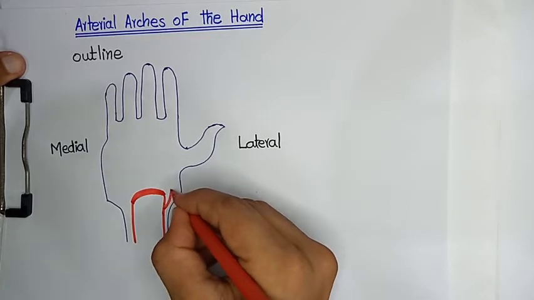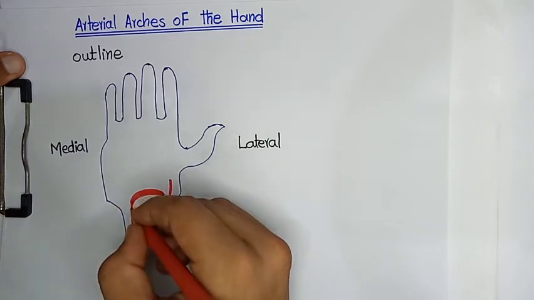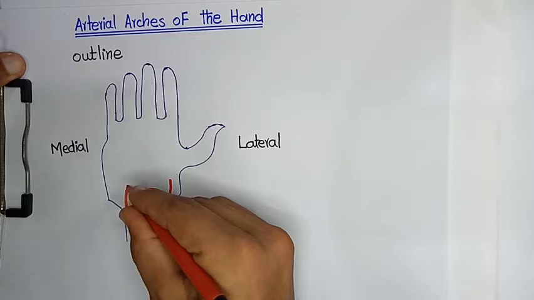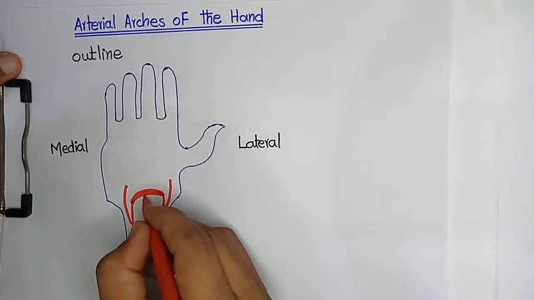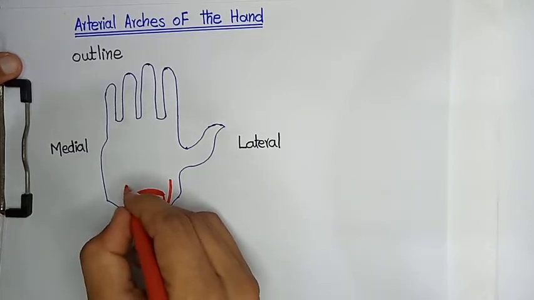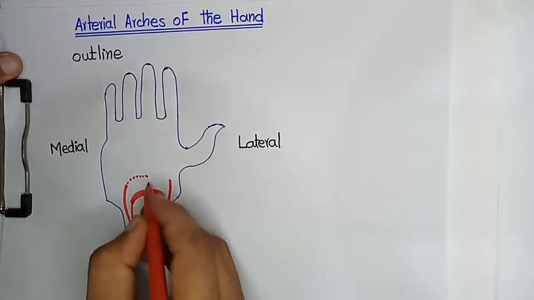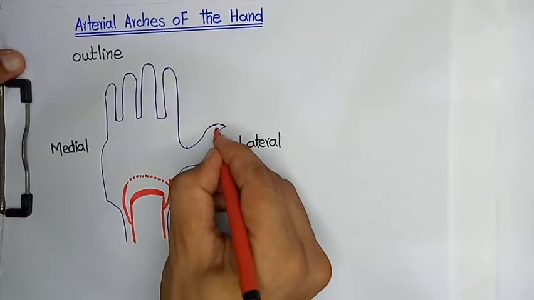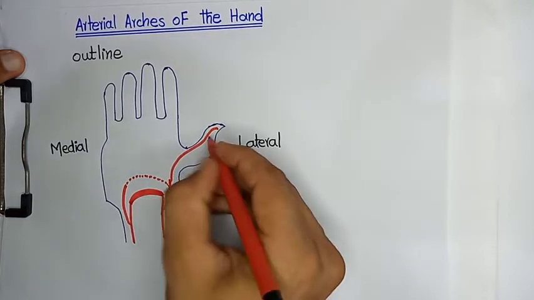This is ulnar artery on the ulnar side or medial side. This is the branch on the lateral side, and this is another branch on the lateral side. It forms deep palmar arch of the hand. This is deep palmar arch. I am representing with dotted line.